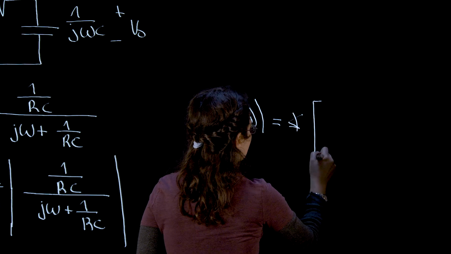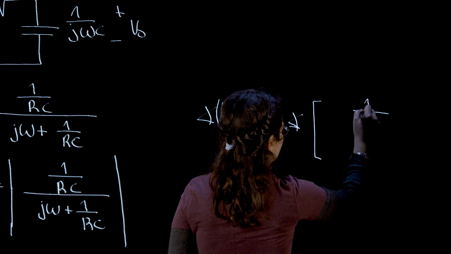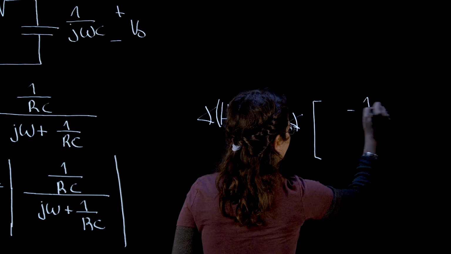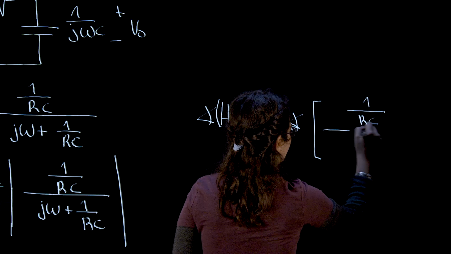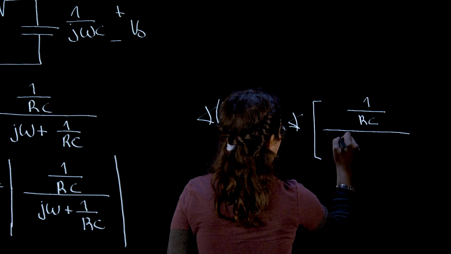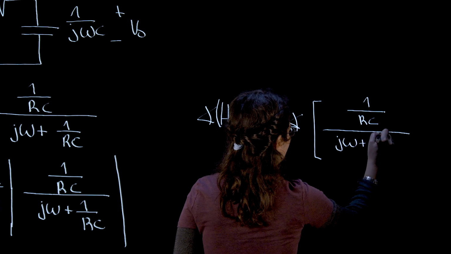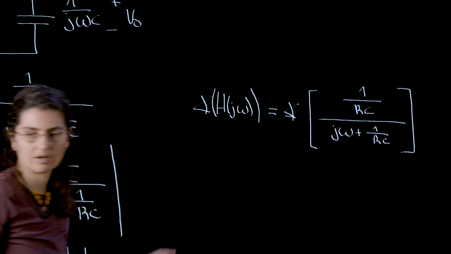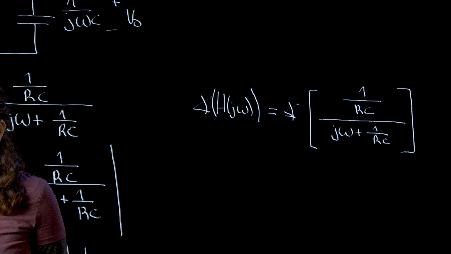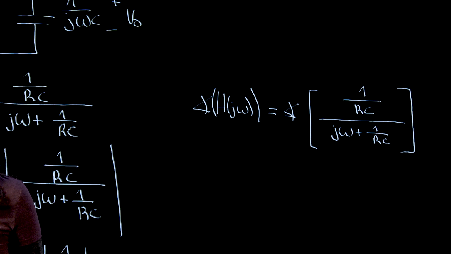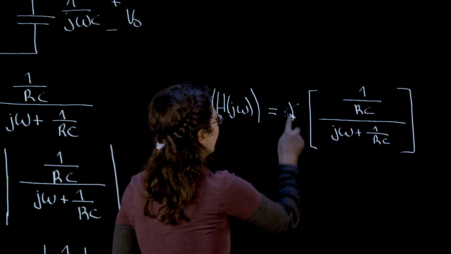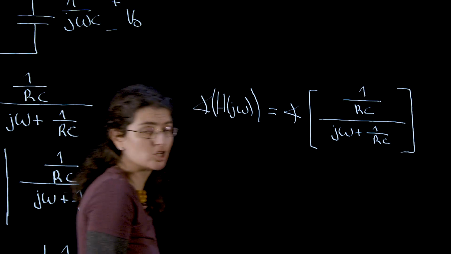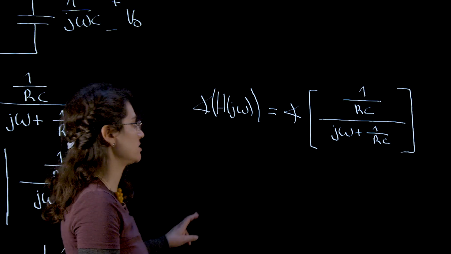is the phase of this number. Yeah. So here we have again a quotient, and the phase of the quotient is the phase of the numerator minus the phase of the denominator.